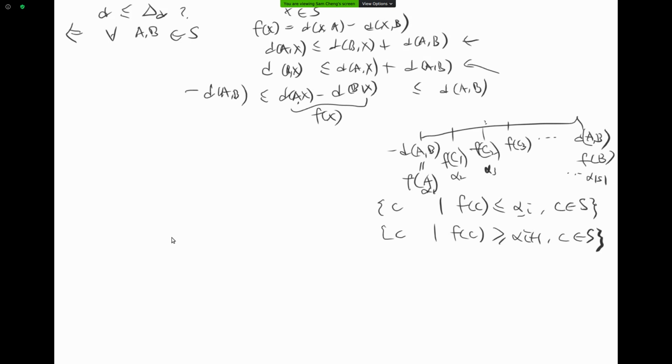I can split the set S this way: either f(c) is less than alpha_i, or f(c) is bigger than alpha_i plus 1. And this is a distinct split, and it separates A from B. One side will contain A, and the other side will contain B. So it's one of these sigmas, a sigma that splits into two of them.